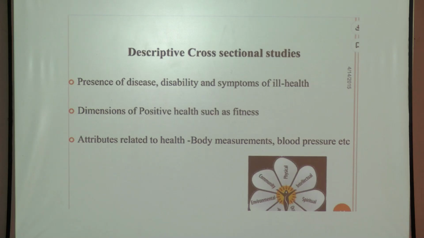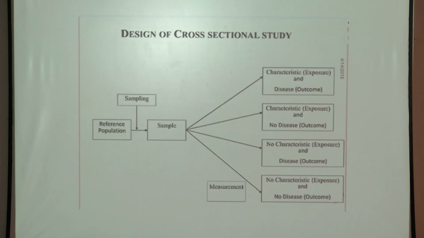So a descriptive cross-sectional study covers presence of disease, disability, symptoms of ill health, dimensions of positive health such as fitness, and attributes related to health like body measurements, blood pressure, etc. Now this is the basic thing of a cross-sectional study: exposure, effect, disease among those exposed, disease among those who are not exposed.